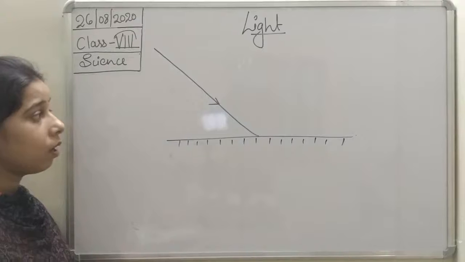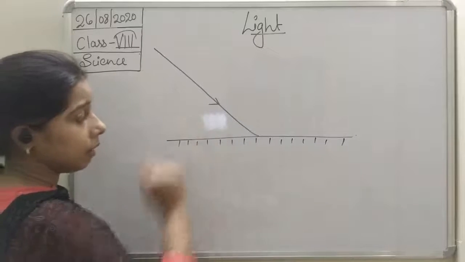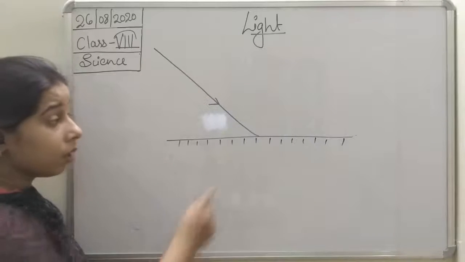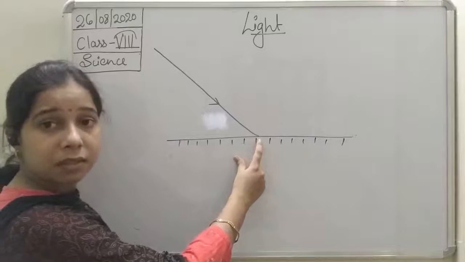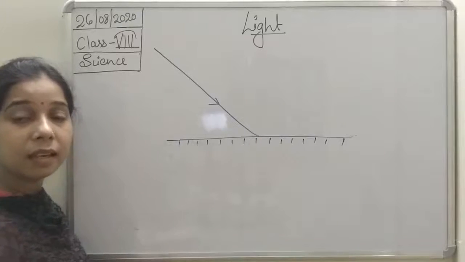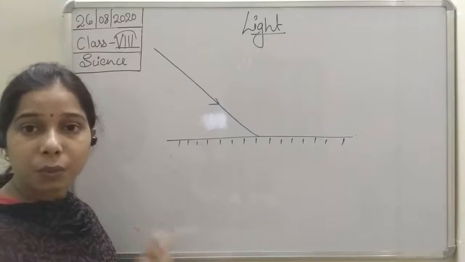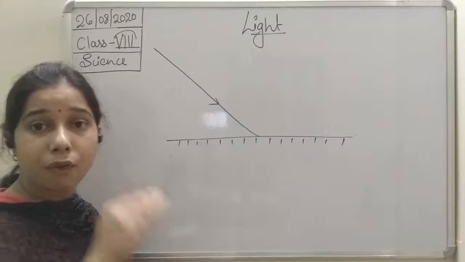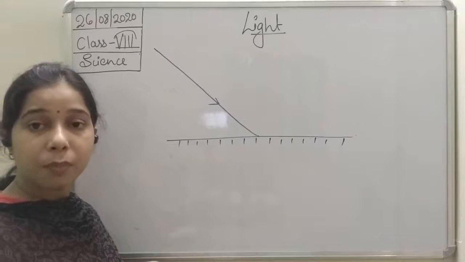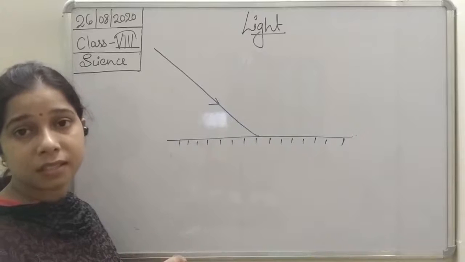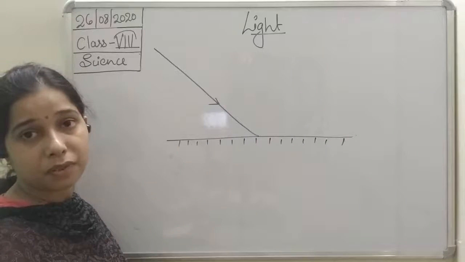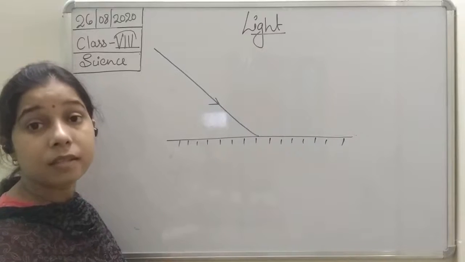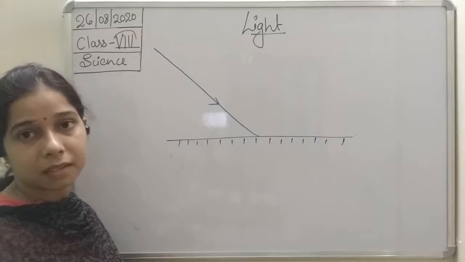Okay, so this is the incident ray. Now this is the point where it strikes, students. So the point at which the incident ray strikes the surface is known as the point of incidence.